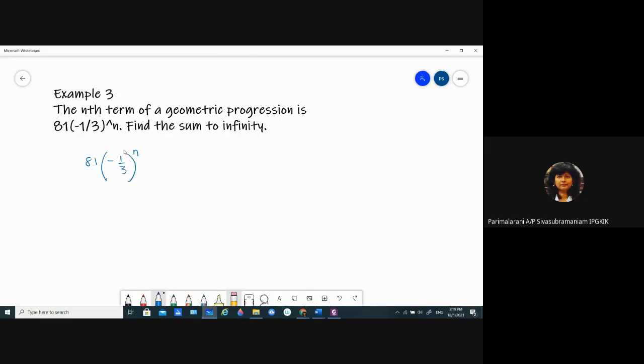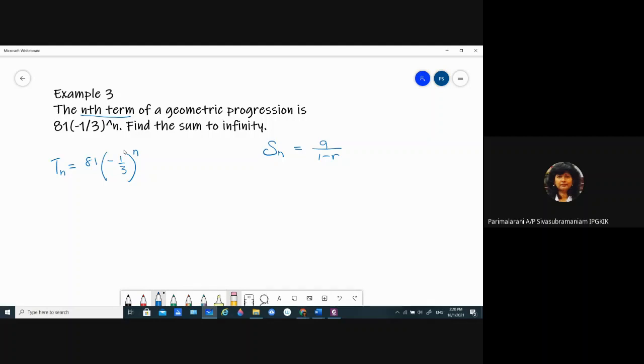This is the nth term, that means this is Tn, the formula for this series. They ask you to find the sum to infinity. So you want to use what formula? Sn equals a over 1 minus r. So what do you need to know from here? You need to know a and you need to know r.